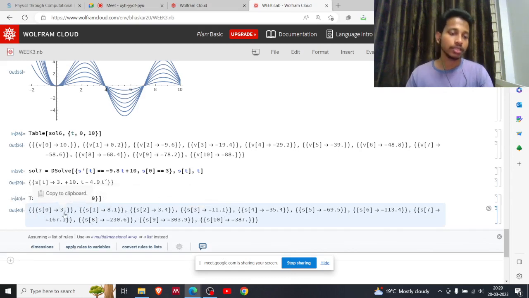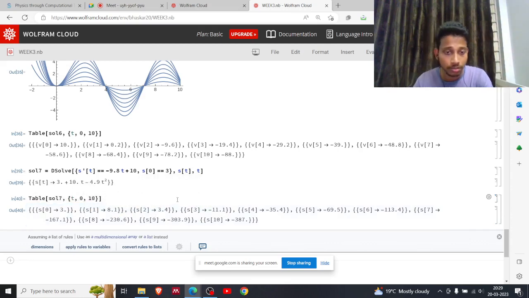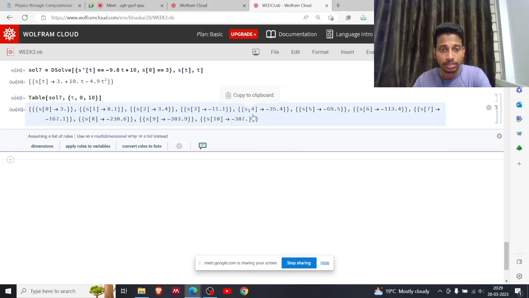So you can say that first the ball is going upward, then it is going downward. Then this negative value for s is meaningless here. Also it depends on the problem you are solving and where we have started throwing the stone or ball. So you can discard this value as it is negative, but it also depends on the problem what kind of value you expect from the solution.